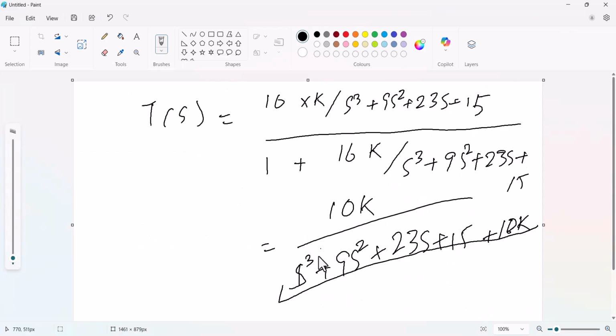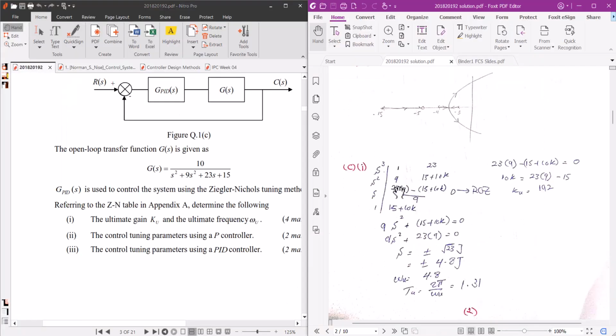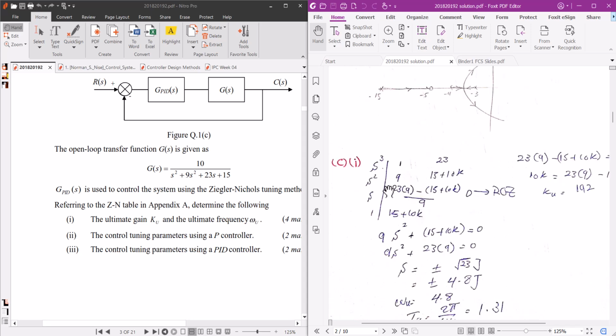So here the s cube coefficient is 1, and this is 23. Okay, and this is 9 and 15 plus 10k. So here you can see 1, 23, 9, 15 plus 10k. Now the next column, how is it made? It is made through the Routh-Hurwitz table I showed earlier, that is minus 1 over 9 times the determinant of 1, 9, 23, 15 plus 10k.